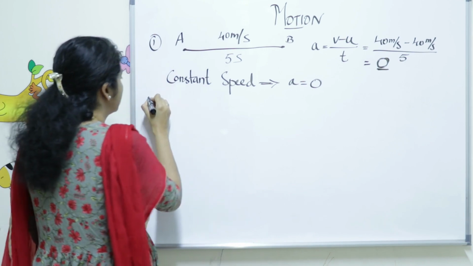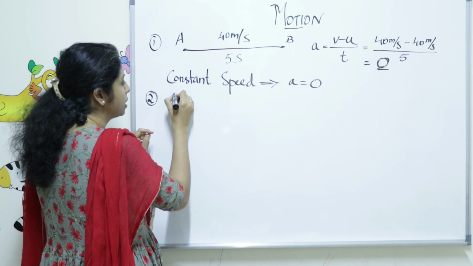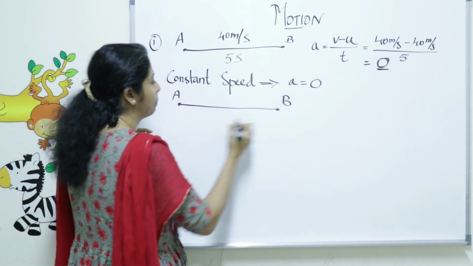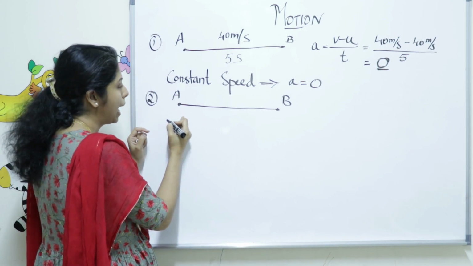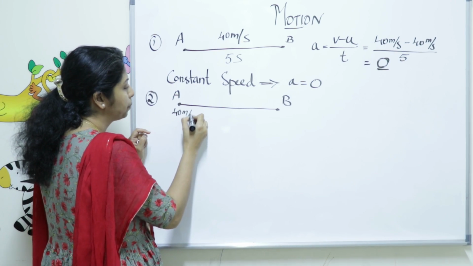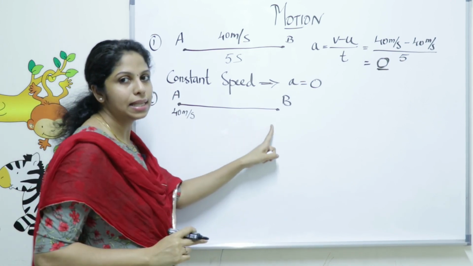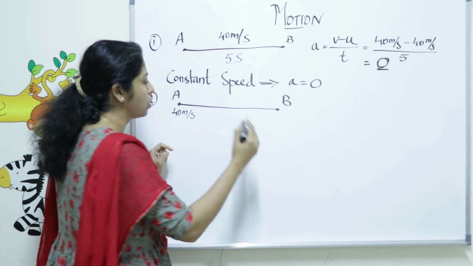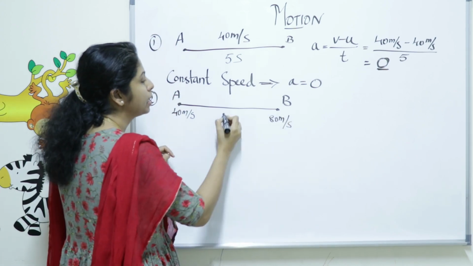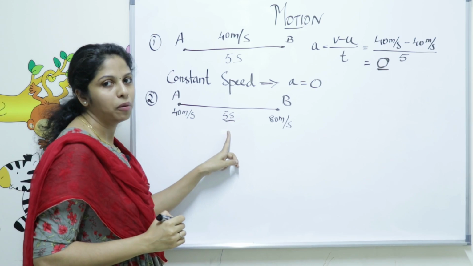Now, let us consider the second case where an object travels from a point A to a point B, but initially it has a velocity of 40 meter per second, and by the time it reaches its destination, its final velocity is 80 meters per second in a time of 5 seconds.